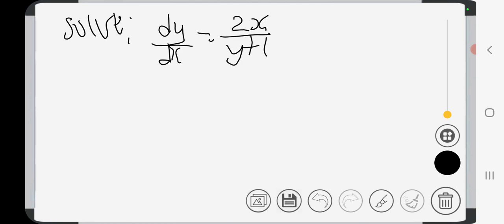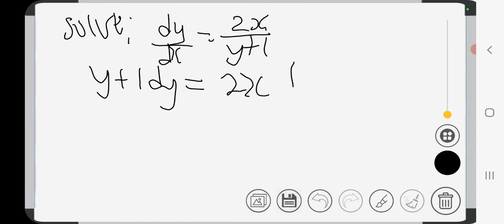If I cross multiply, we are going to have y plus 1 dy equal to 2x dx. Now to remove the differentials, the dy and dx, we integrate both sides of the equation.